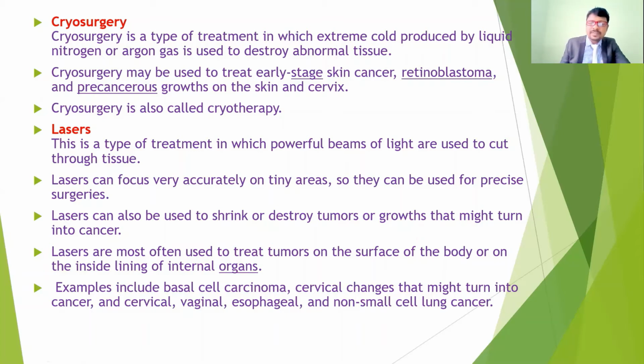If you want to remove structures accurately, lasers make it possible, giving accurate dissections and cuts during surgical procedures. Lasers are also used to shrink or destroy tumors or growths that might turn into cancers, including in pre-cancerous conditions.